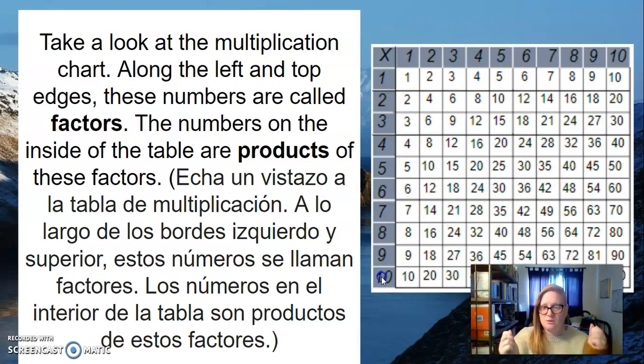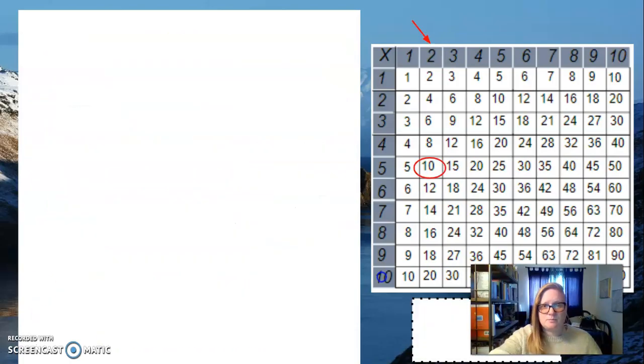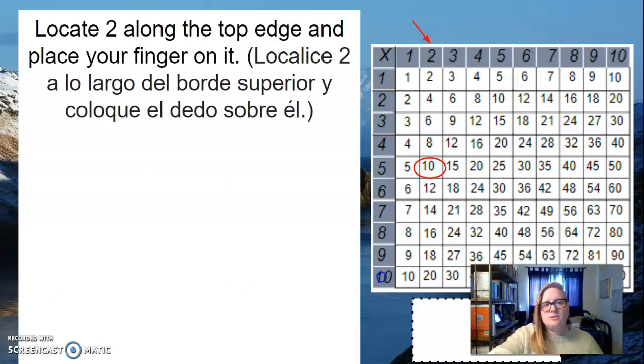So usually you would have like a handheld multiplication chart. I know that some of you have made your own multiplication charts in the past, and that's fine too. You could take a look at that as well. So locate 2 on the top edge and place your finger on it. So you should take your finger and then place it right here, okay?